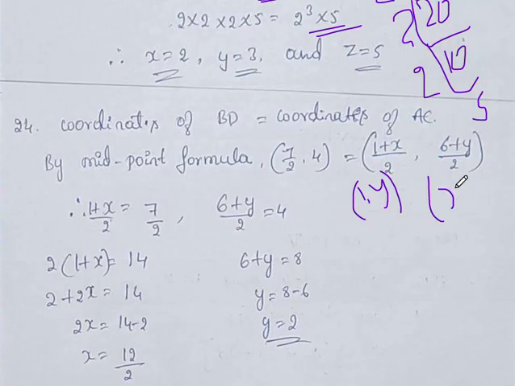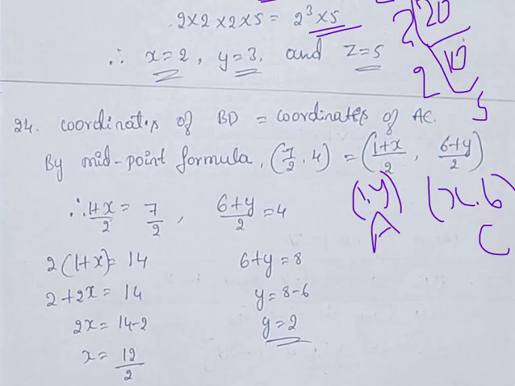So 1 comma y is x1 y1, and x comma 6 is x2 y2. The midpoint formula is x1 plus x2 by 2 and y1 plus y2 by 2. So x1 plus x2 is 1 plus x by 2.